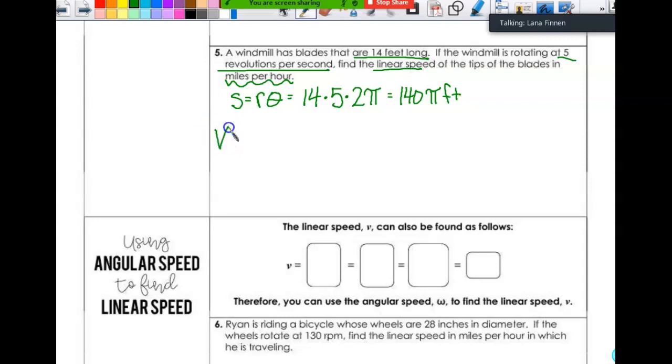All right, so then your velocity is s over t. So that's 140 pi feet over 1 what? Second. Very good. Okay. Now I'm going to give you some time. I want you to convert that. And I want you to do it without looking at mine while I do it.